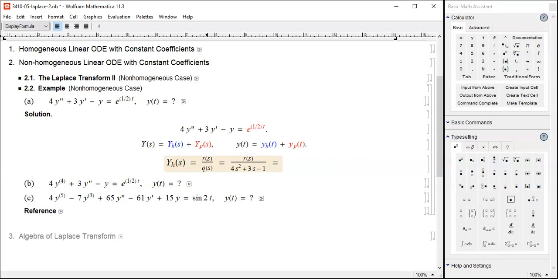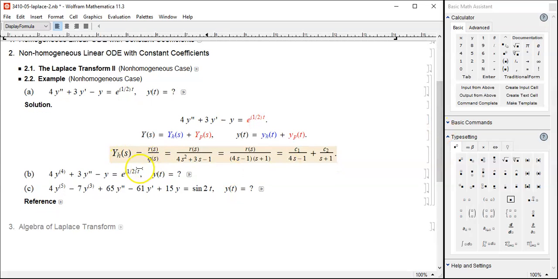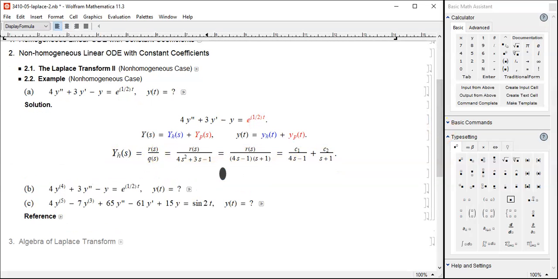And then let's decompose it: R of s over (4s minus 1)(s plus 1). And then this can be decomposed like this: c1 over 4s minus 1 plus c2 over s plus 1. Okay, all right.